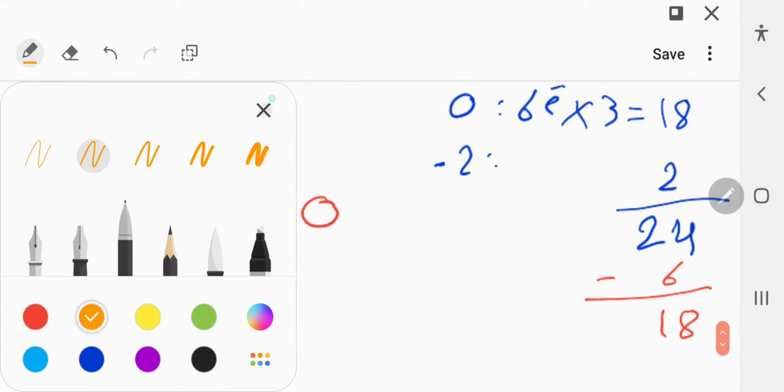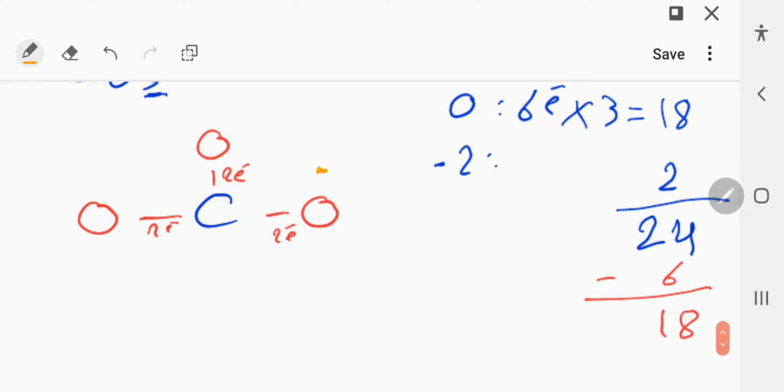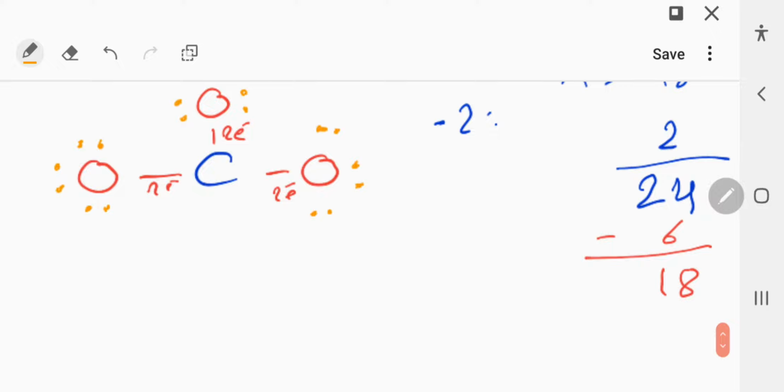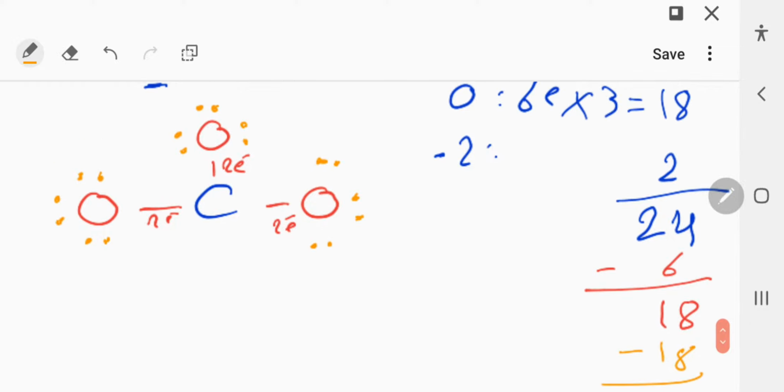We give 6 electrons to each oxygen atom, so in this case we used 18 electrons, 6 for each. So 18 minus 18 is 0. Now we don't have any more valence electrons.